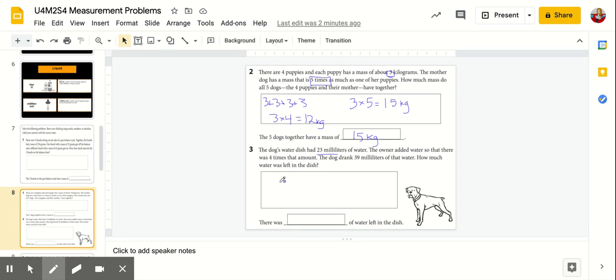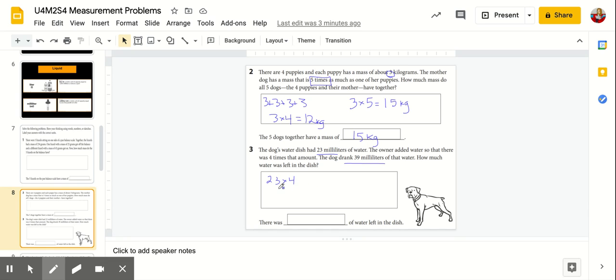All right, so you have a dog dish. It's got this much in it. The owner added a lot more water, 4 times 23, and then we have to take away what the dog drank.